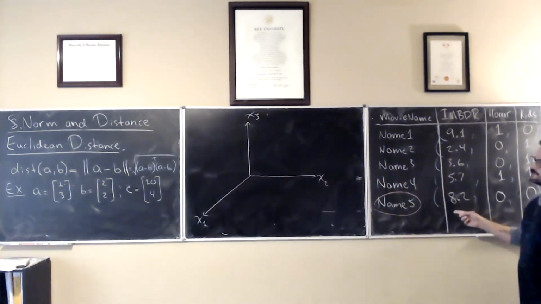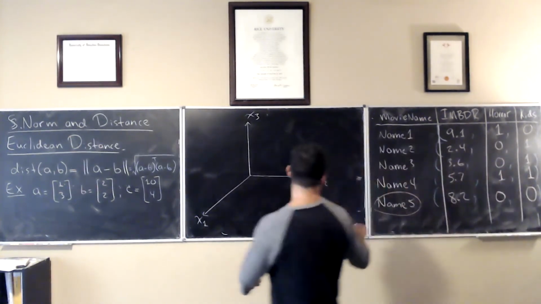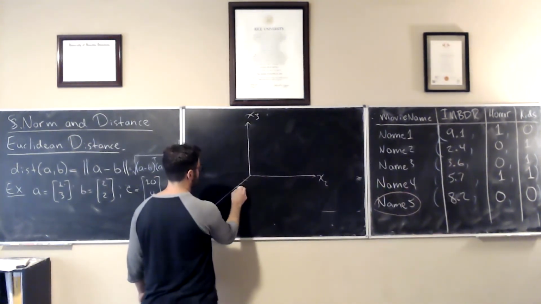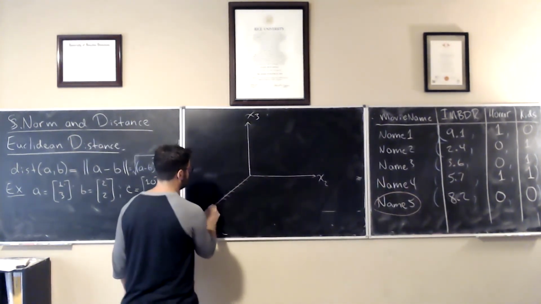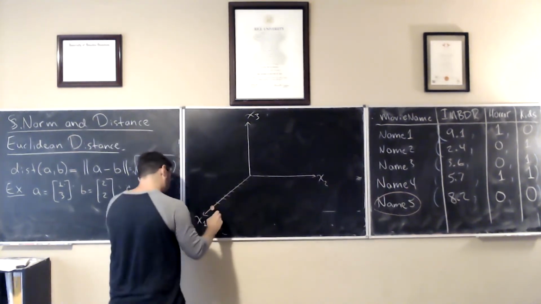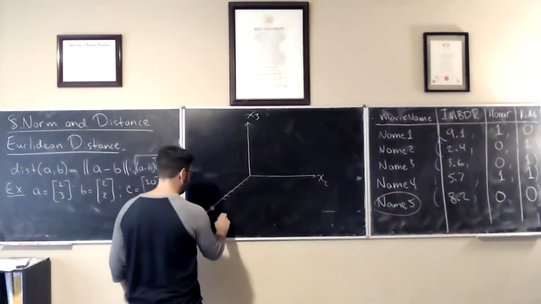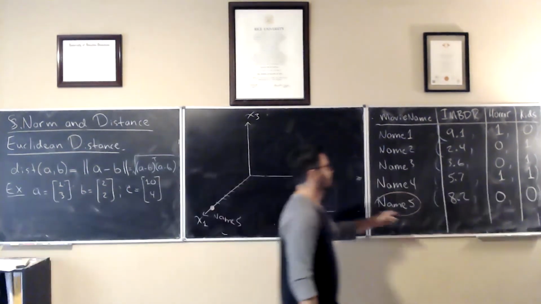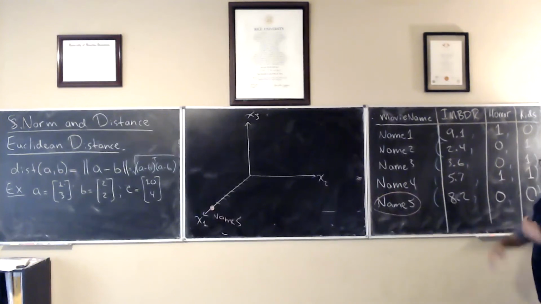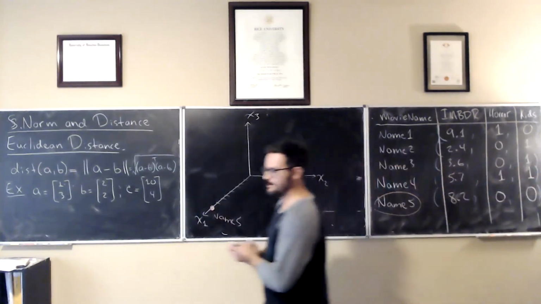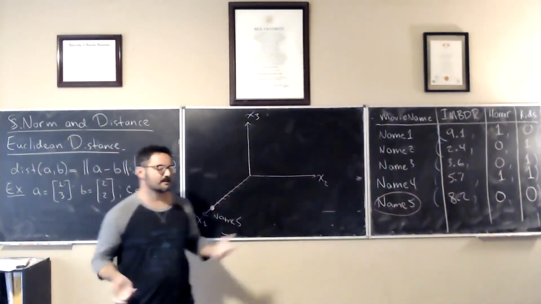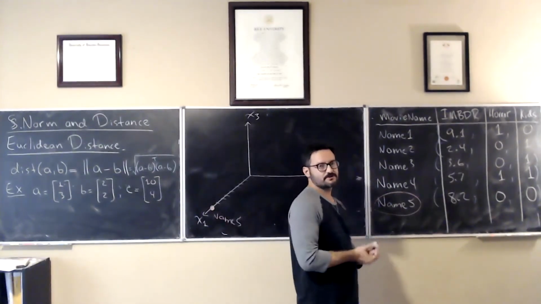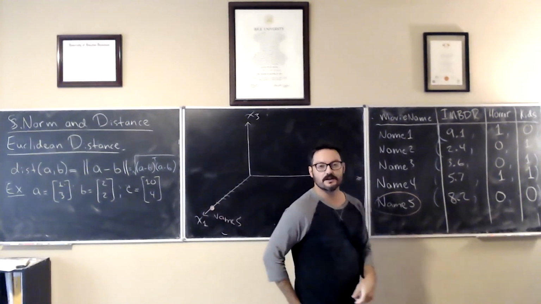This one's really easy to draw, I think. 8.2, 0, 0. So 1, 2, 3, 4, 5, 7, 8. So this is name 5. So you like that movie, and there's a bunch of movies in the database, and you want to have recommendations for 2 other movies that you might want to watch tonight, based off the fact that you like that movie.